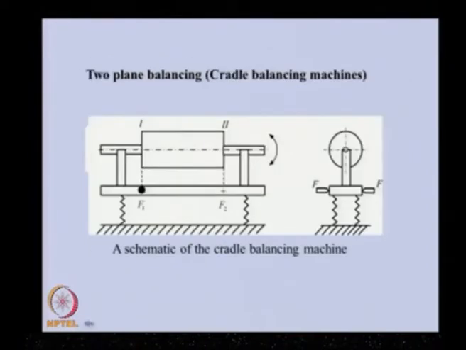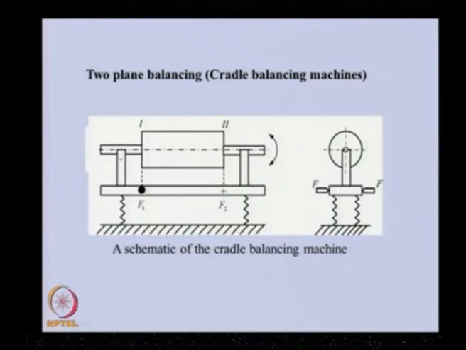Now, we will see how we can balance a rotor in which two plane balancing is required. You can see this is a two plane balancing machine, which we call a cradle balancing machine. In this, the upper part is the rotor, which is mounted on one support.